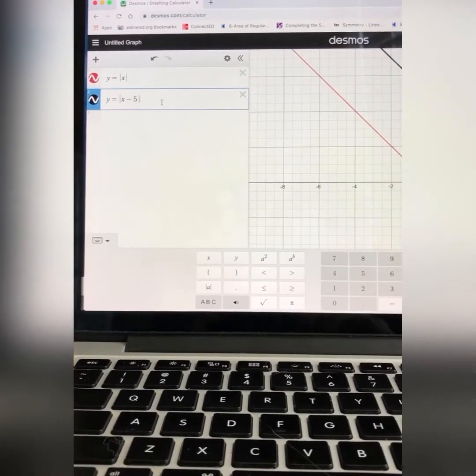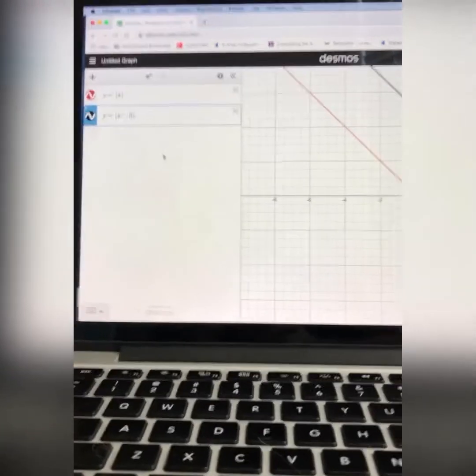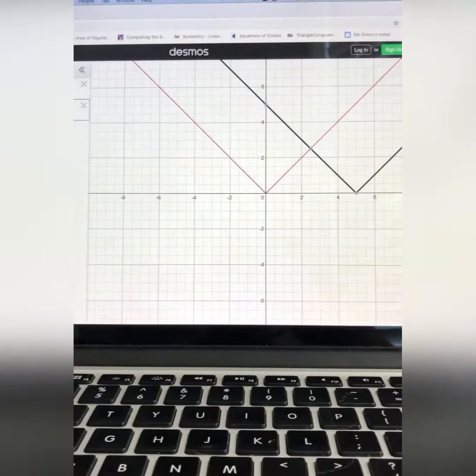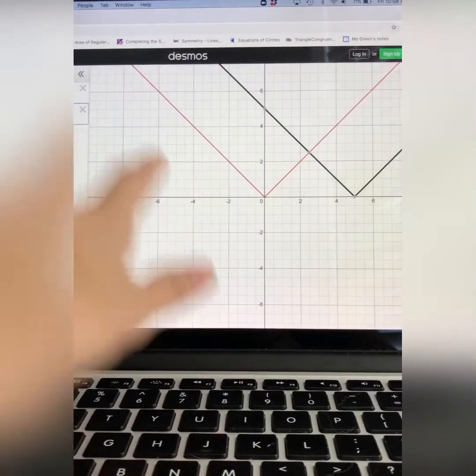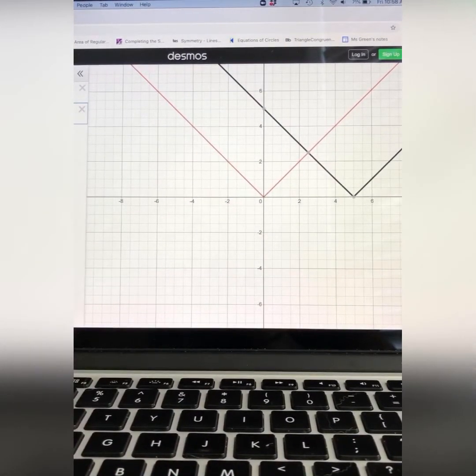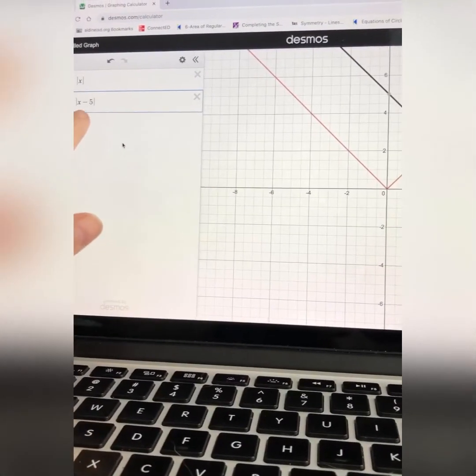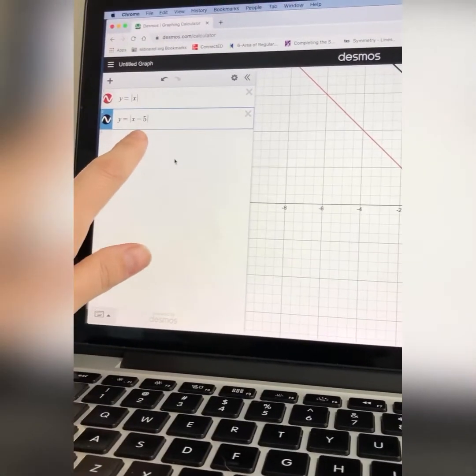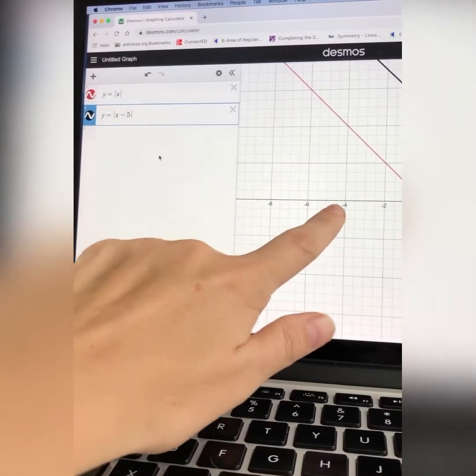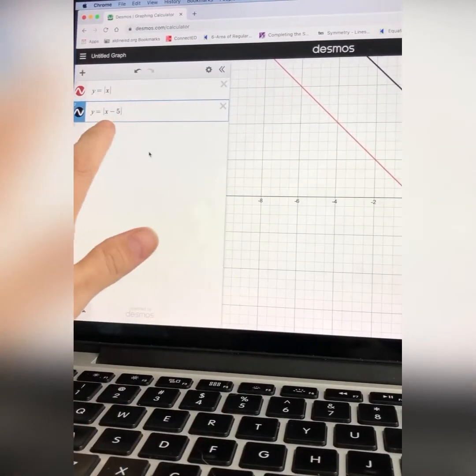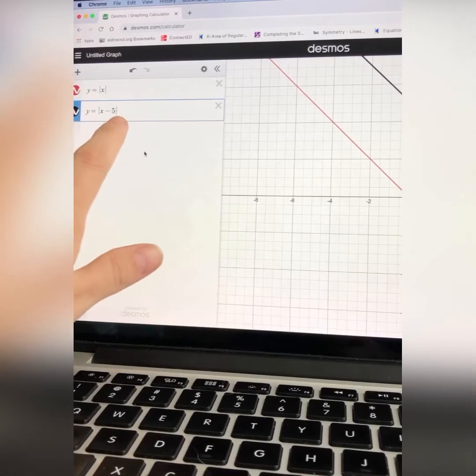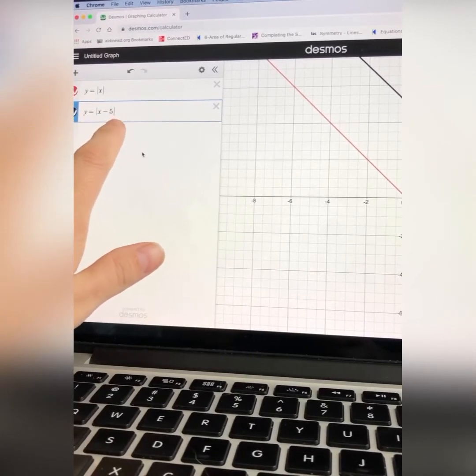If you guessed it would shift our graph left or right, you were correct. If you thought it would shift our graph left, you were close, but no. So even though normally you would think minus, right? If it was a minus, it would go towards the negatives, right? When it's inside of the absolute value bars, it does the opposite of what you would think.